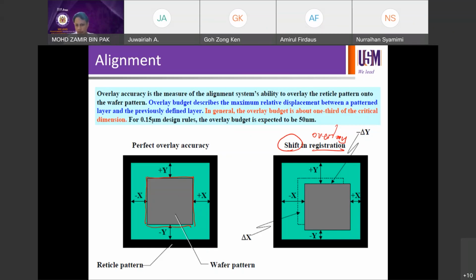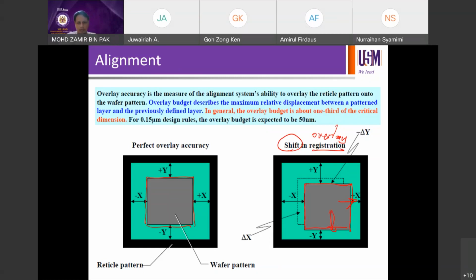If you're referring to the gray box, for example, the feature is printed with a bit of shift plus X to the right, and then with negative Y, for example, slightly below the intended area. Okay, maknanya dia shifted ke kanan dan ke bawah sikit.